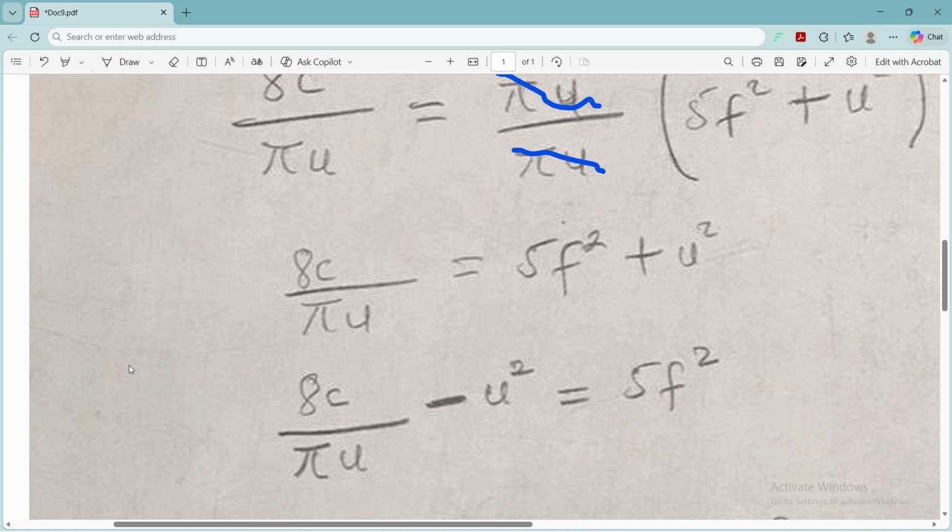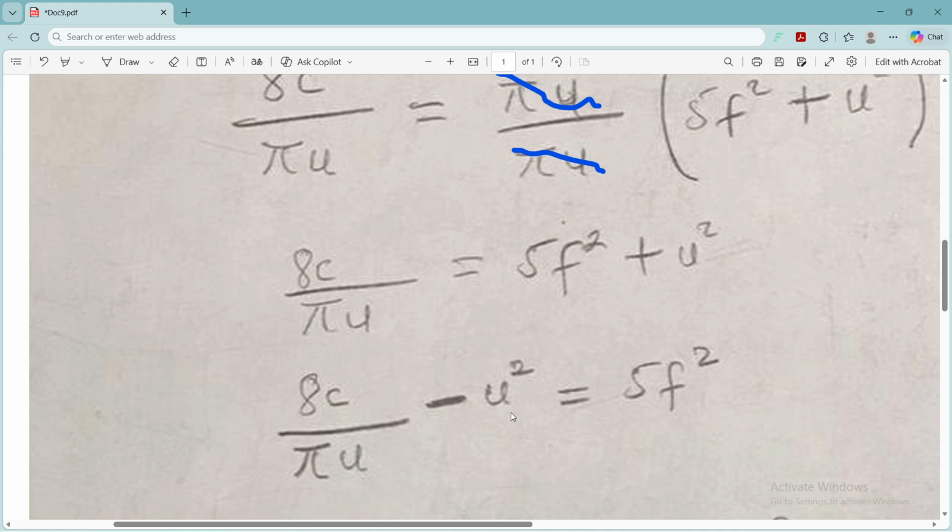And we have to group like terms in such a situation where f could get the chance to stand on its own, right? So 5f squared, we maintained it, right? And u squared is a positive u squared, plus u squared, right? So it had to cross the equal to sign, and whenever a variable crosses the equal to sign, it changes its form, right? So because it is a positive u squared, when it crossed the equal to sign, it became a minus u squared, right?